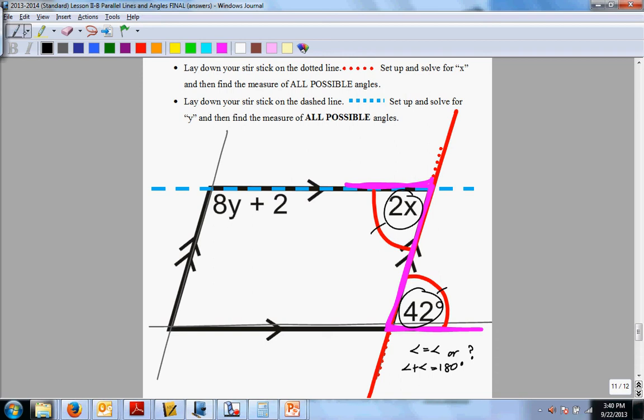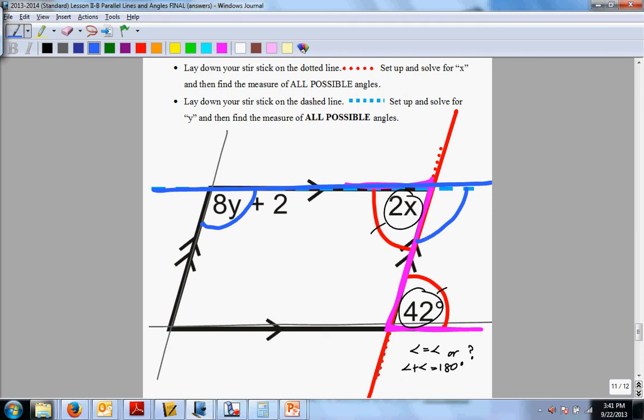Now it says you're going to lay your stir stick down on the dashed line, going this way. So now we're going to sweep this angle that has y in it, and then sweep something over here. You should already have the measure of that angle.